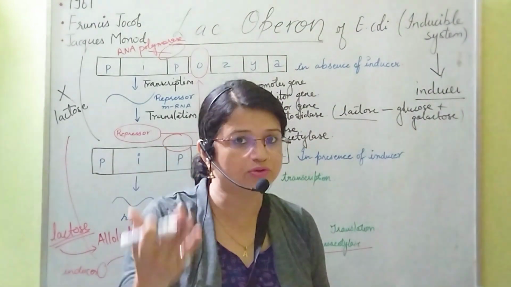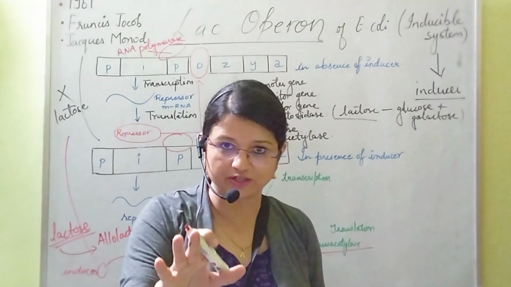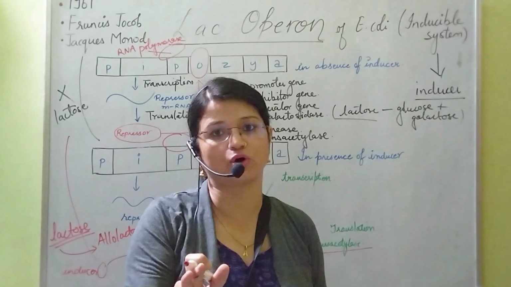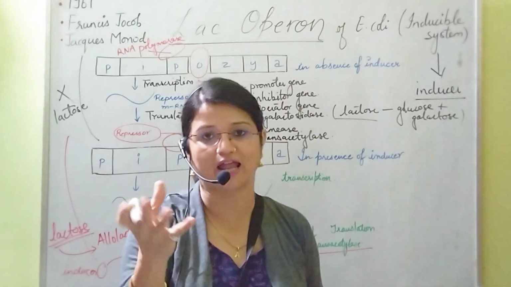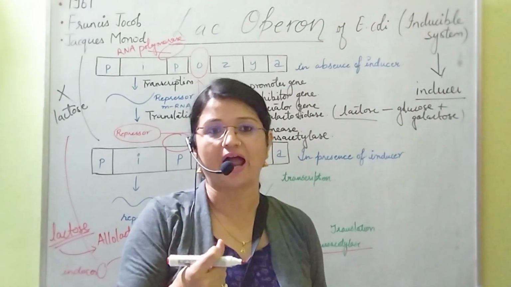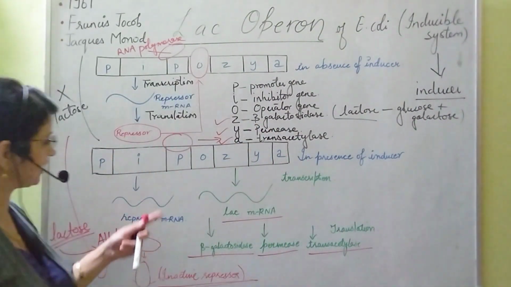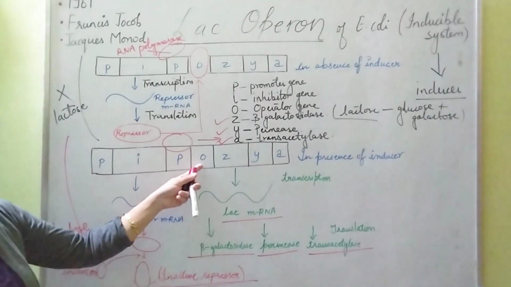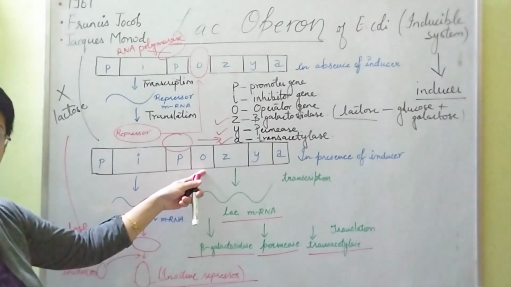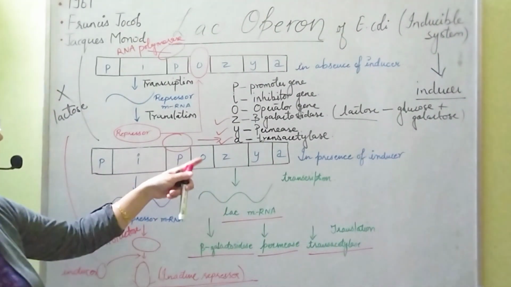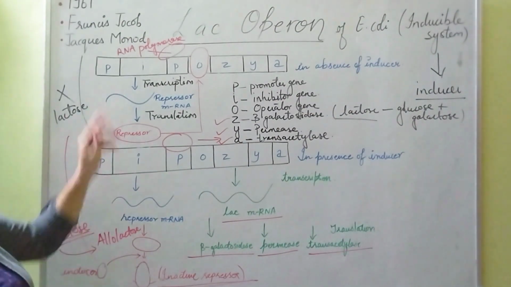So it became switched on only in the presence of inducer. It will remain switched on until all the lactose is used up, and after that the repressor protein will again bind to the operator gene, and it will turn switched off.